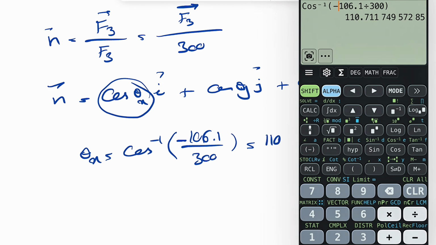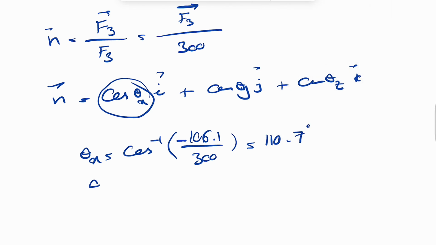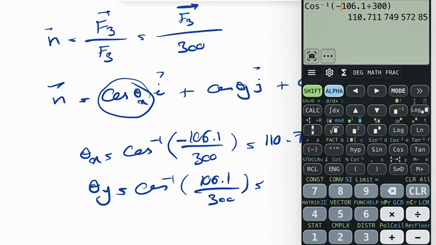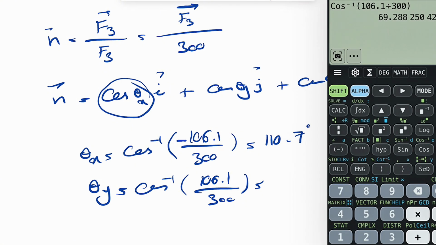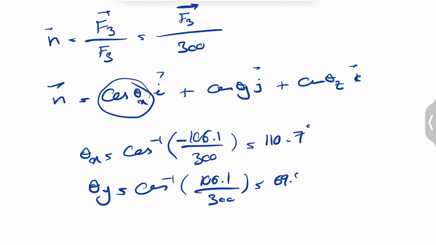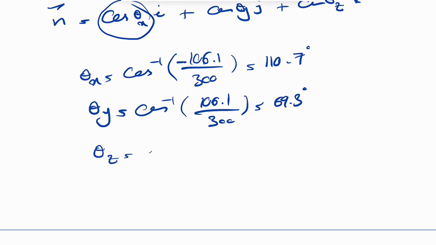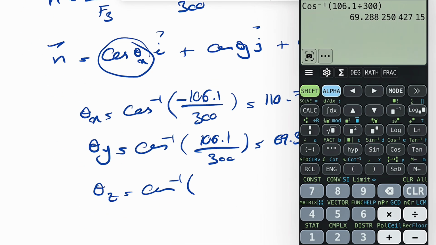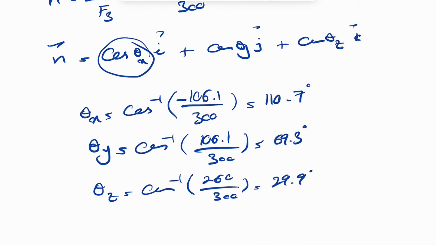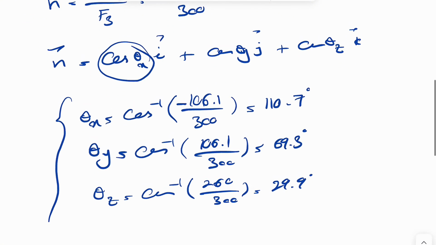It's going to get us 110.7 degrees. Theta y would be, keep in mind it's going to be different because that value is positive, 106.1 over 300, so 69.3. And theta z would be cosine inverse of 260 divided by 300, which is going to be 29.9 degrees, and these are going to be our direction angles.